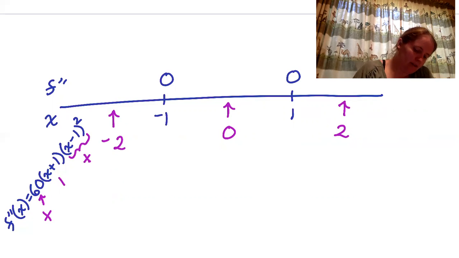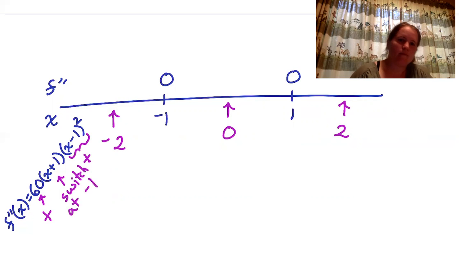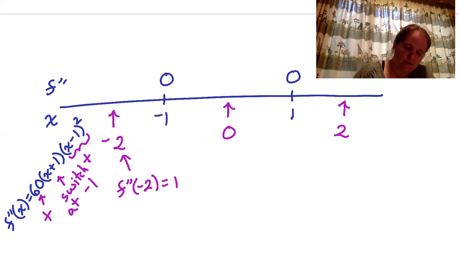And then x plus 1 will switch at negative 1. So if we plug in negative 2, the second derivative evaluated at negative 2, that first factor is positive. Then negative 2 plus 1 will be negative, and that last factor is positive always, so we get a negative.